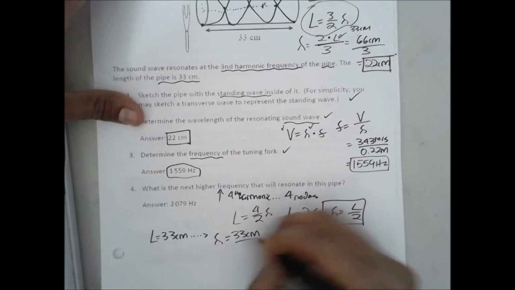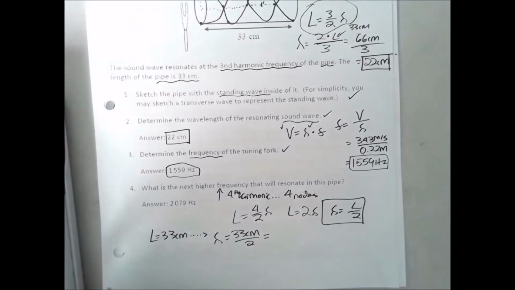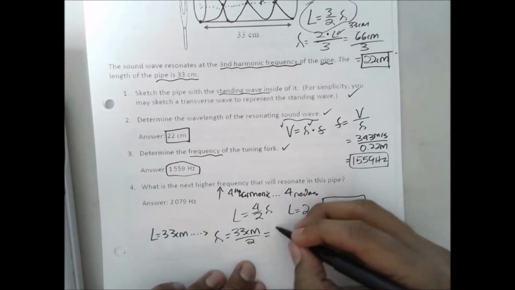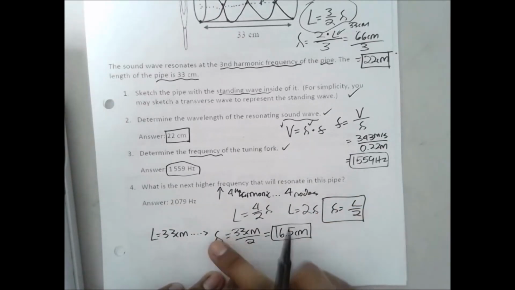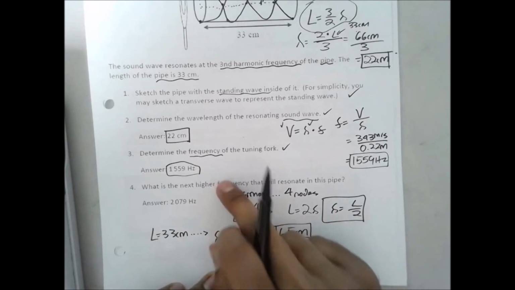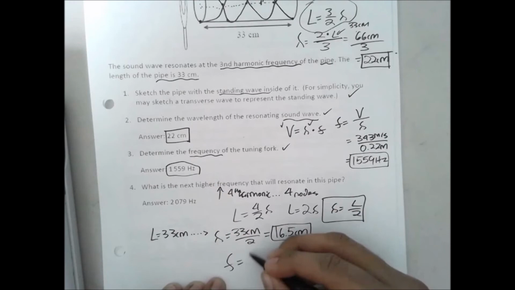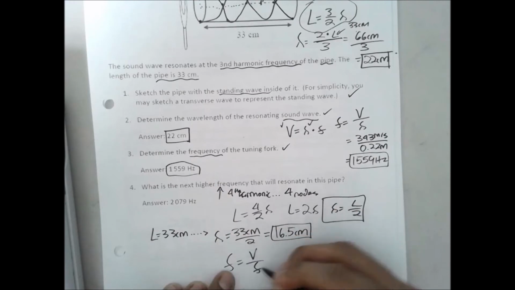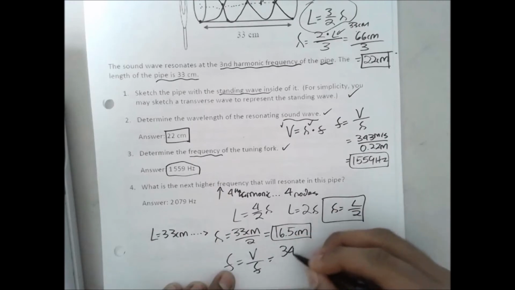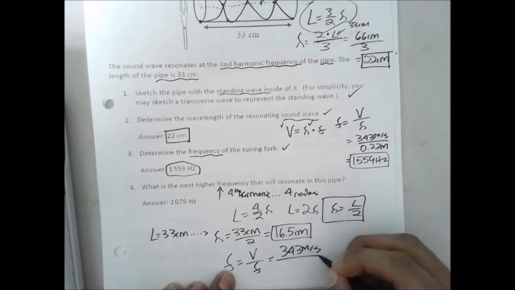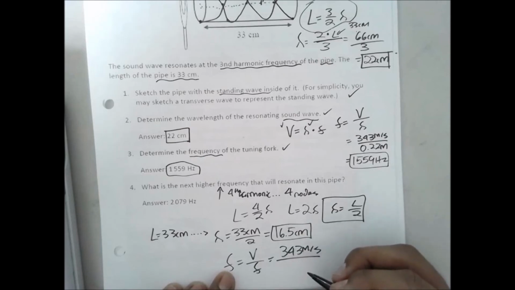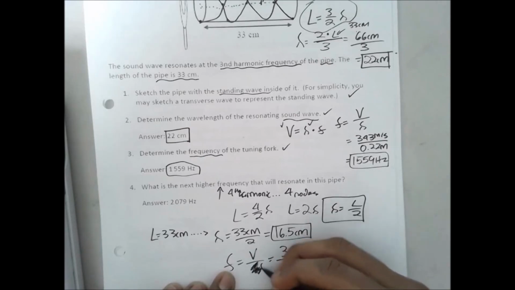33 centimeters divided by 2 is going to be equal to 16.5 centimeters. And if we have a wavelength of 16.5 centimeters and we want to know the frequency, we have to do this again, because the speed of sound doesn't change, right? It stays the same at a given temperature, and so the only thing that changes now is the frequency.